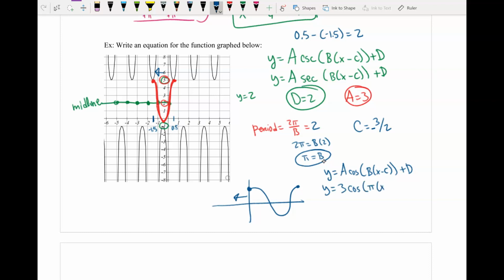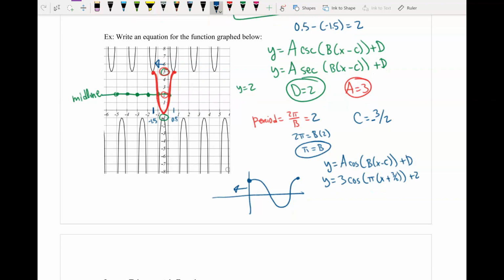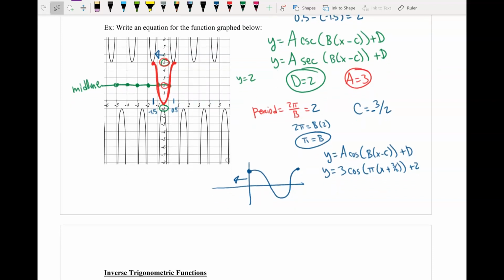X minus c, which is a positive 3/2, plus d, which is going to be a 2. So because everything is swapped, this is going to be the secant of it. So y equals 3 secant. Let me go ahead and FOIL this. Pi x plus 3 pi over 2 plus 2. So this guy would be the equation of this particular function.